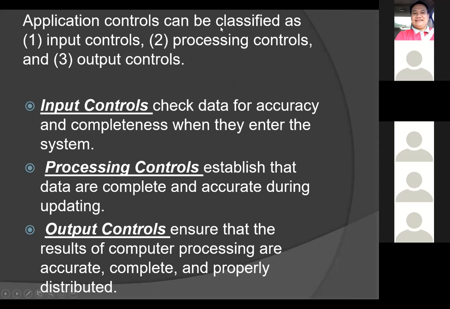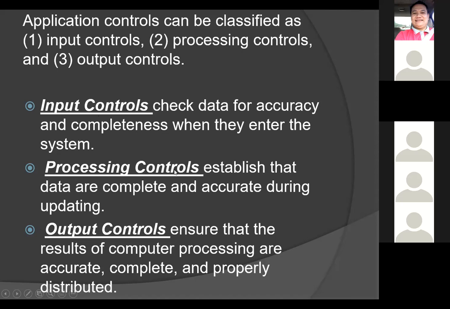So application control can be classified into three types of controls. Yung una po is yung input controls. Input controls check the information for precision and completeness when they enter the framework.